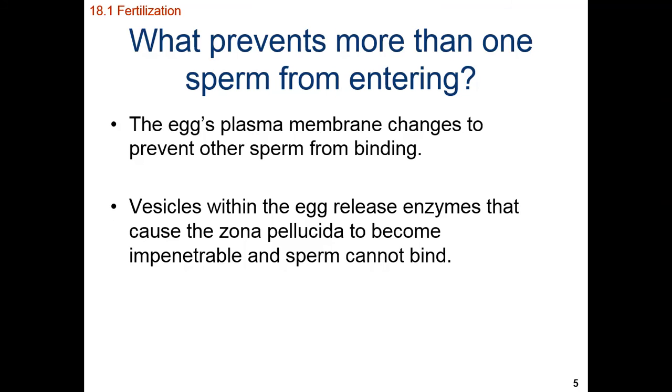Those cortical granules change the plasma membrane of the secondary oocyte to keep extra sperm from getting inside. The vesicles that contain those enzymes come from the egg itself. The sperm cell does not contribute anything except for its genetic material. The vesicles that contain those cortical enzymes are stored within the secondary oocyte.